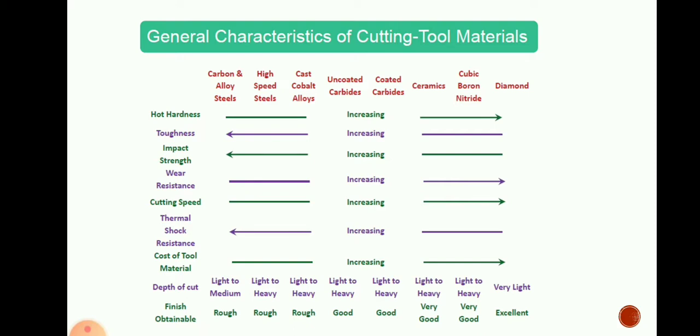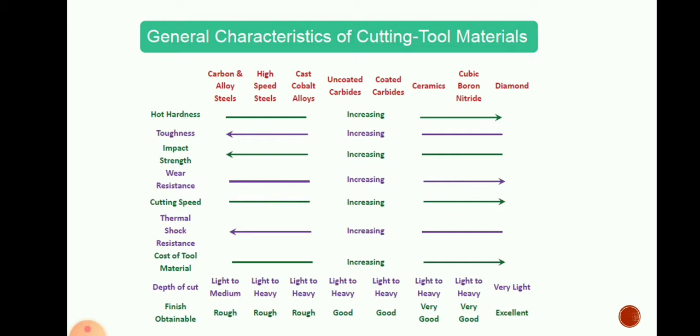First column: hot hardness, toughness, impact strength, wear resistance, cutting speed, thermal shock resistance, then cost of tool material, depth of cut, finish obtained, surface finish obtained. So these are the parameters or properties carried by all these types of cutting tool materials.